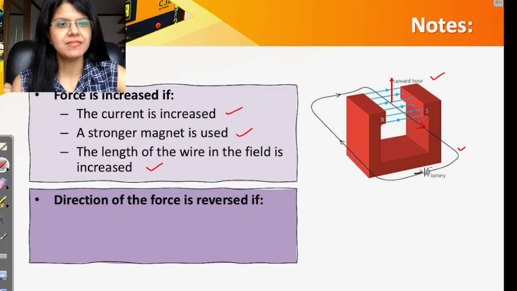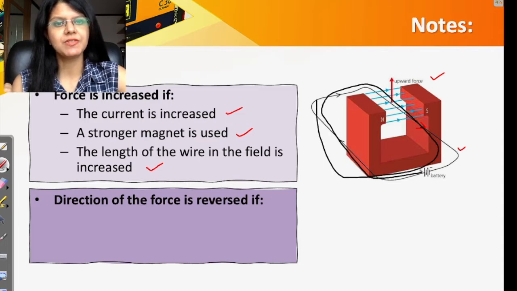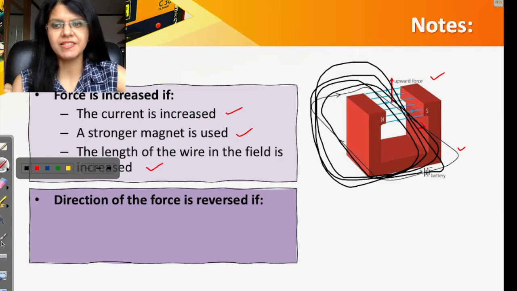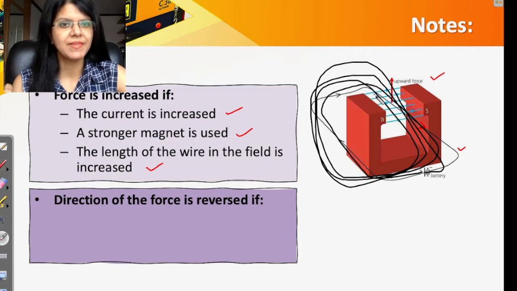How do you increase the length of the wire in the field? You can take this wire, make multiple loops of it like this, and then ultimately it goes back to your battery. So if you see, the effective length of the wire inside has increased 4 times.